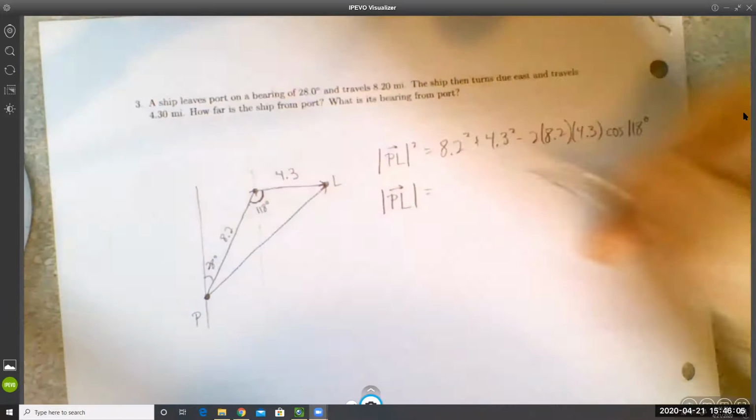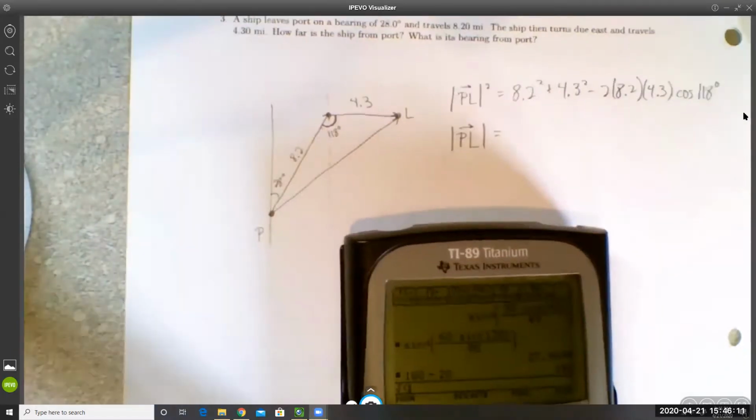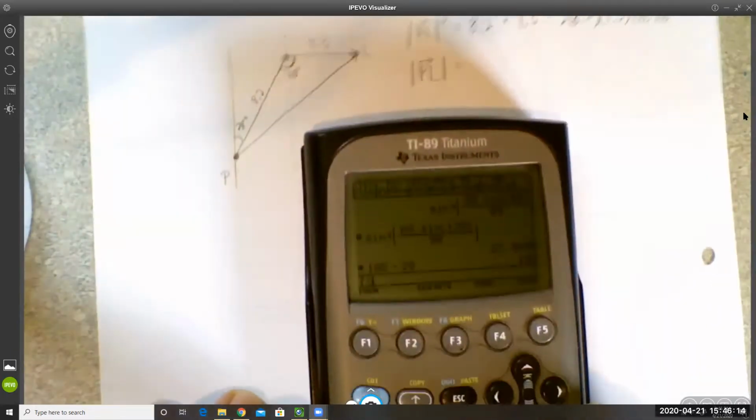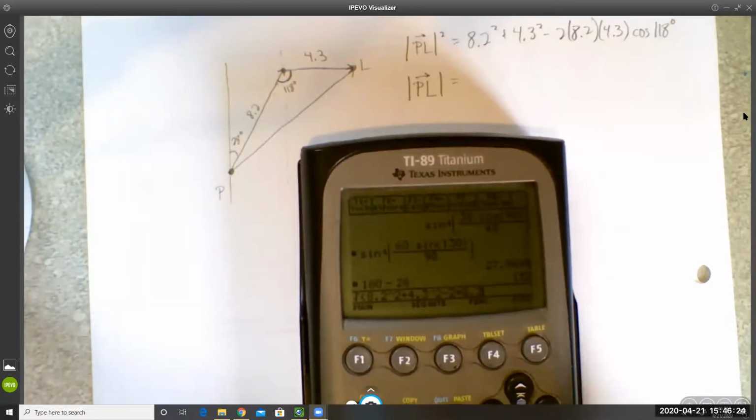So I'm going to go ahead and take the square root of all of that as I punch it into my calculator. So we've got the square root of 8.2 squared plus 4.3 squared minus 2 times 8.2 times 4.3 times cosine 118.